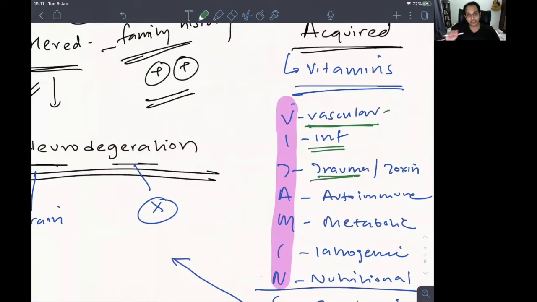That is called pugilistica dementia. Then there are toxins. So alcohol is a toxin, and chronic alcohol use can lead to memory loss. There are autoimmune conditions. So you have the immune cells in the body attacking the neurons. So that can cause dementia.